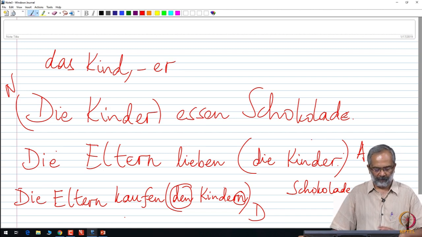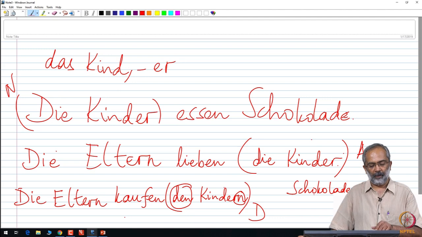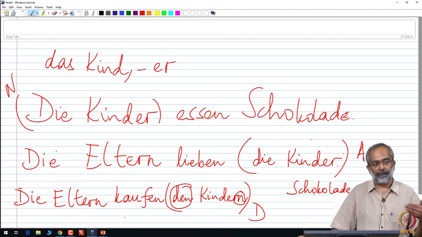Look at all the three examples here, can you see them? Die Kinder essen Schokolade. Here we have taken a plural noun, die Kinder. In the first sentence, they are the subject. They are eating chocolate. So they are in the nominative case.